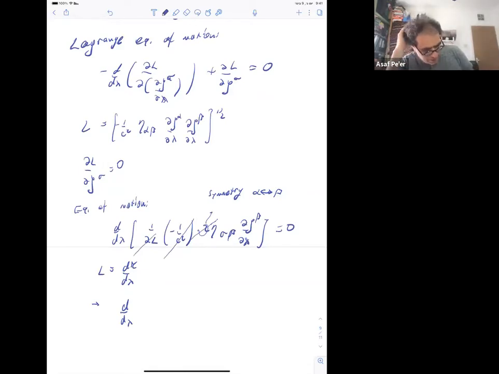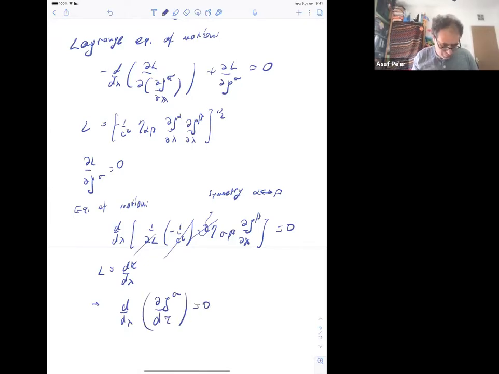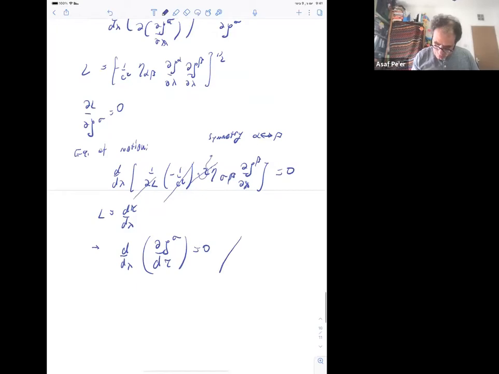And L is d tau over d lambda, so I'm left with, I should have a sigma here, doesn't really matter, d psi sigma over d tau is equal to 0. So just multiplying. Right over here, did I miss anything?